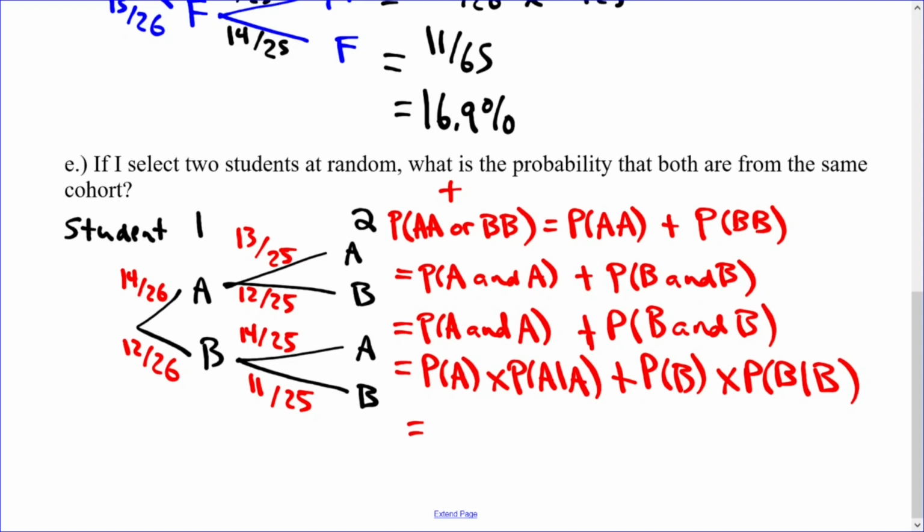Probability of being from cohort A is 14 out of 26. Probability of being from cohort A, given that the first student was from cohort A, is given right here. So that's the value that we're going to carry over.